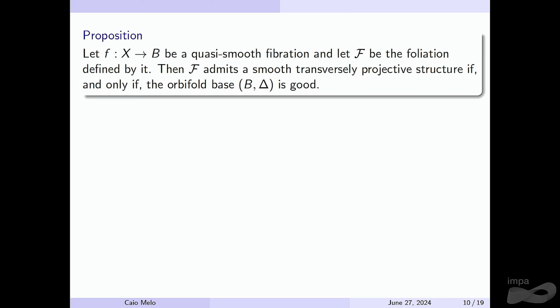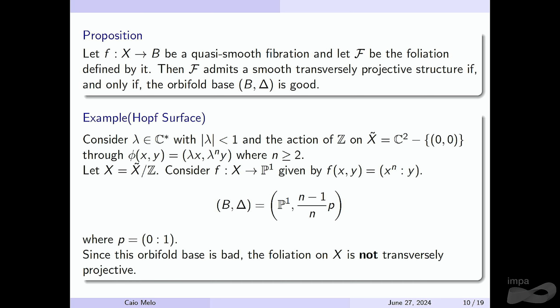And an example to illustrate this is the foliation on a Hopf surface, where we take the quotient map by Z like this, and we consider the quasi-smooth fibration given by this. And so the orbifold base will be like the first case, the theorem, and because of the proposition, the foliation induced is not transversely projective.